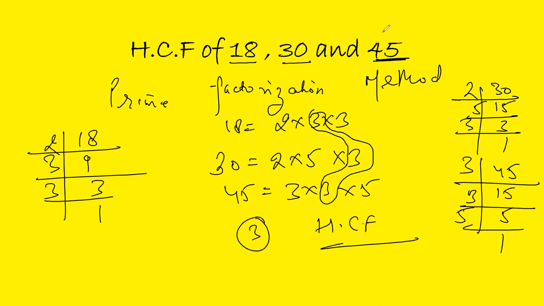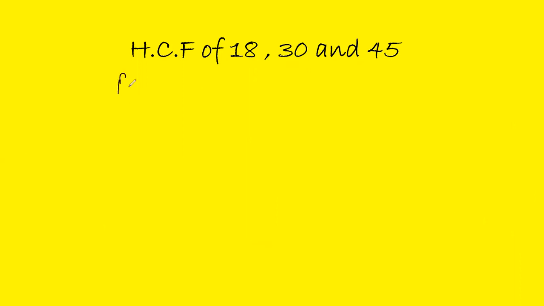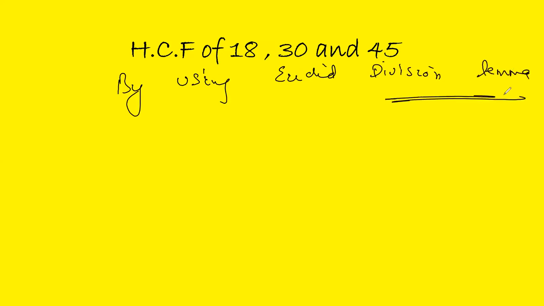Now let's talk about the method we use in class 10th, the bigger classes, which is Euclid's division lemma. If we have three numbers, we take the first two numbers first.